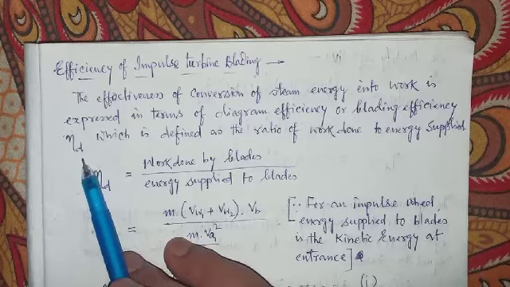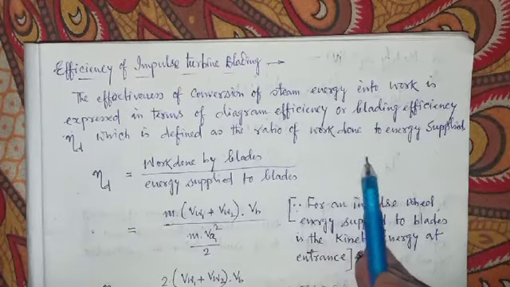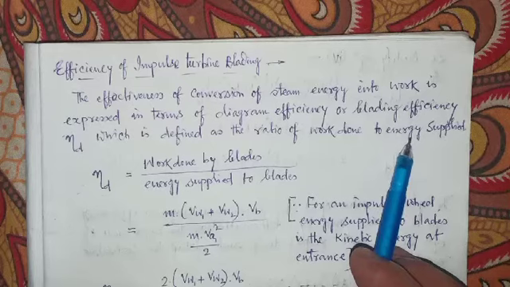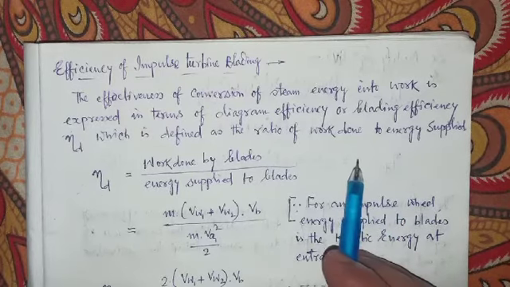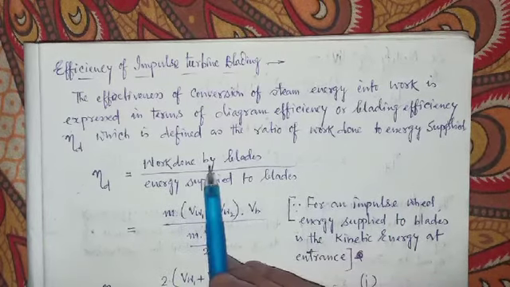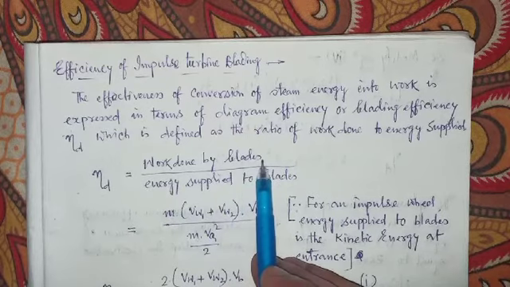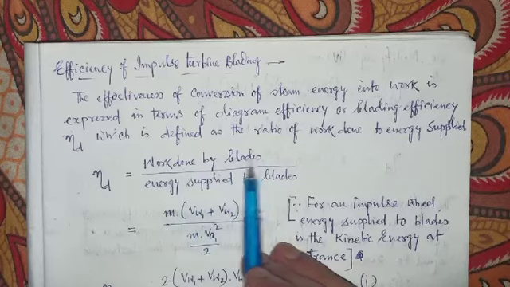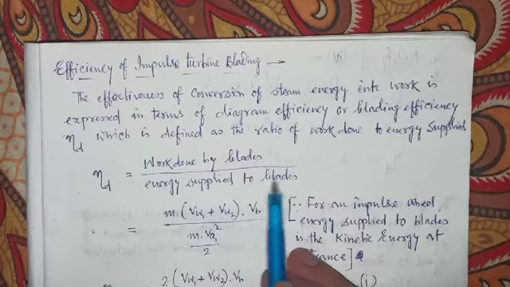It is defined as the ratio of work done to the energy supplied. As an important note, this is work done per unit time, meaning the rate of work done, and energy supplied is also per unit second.